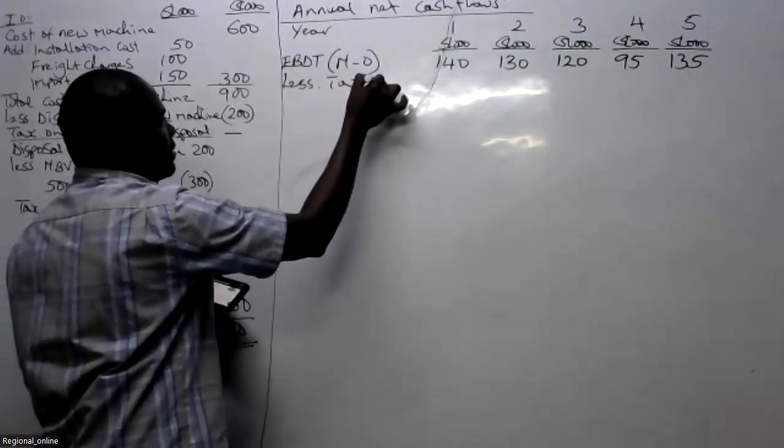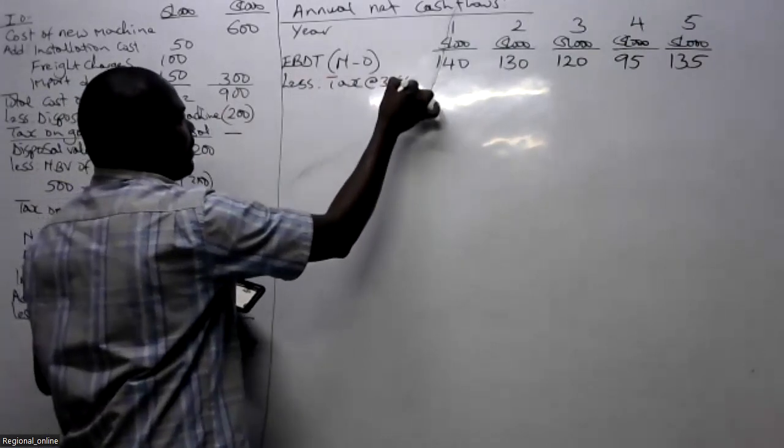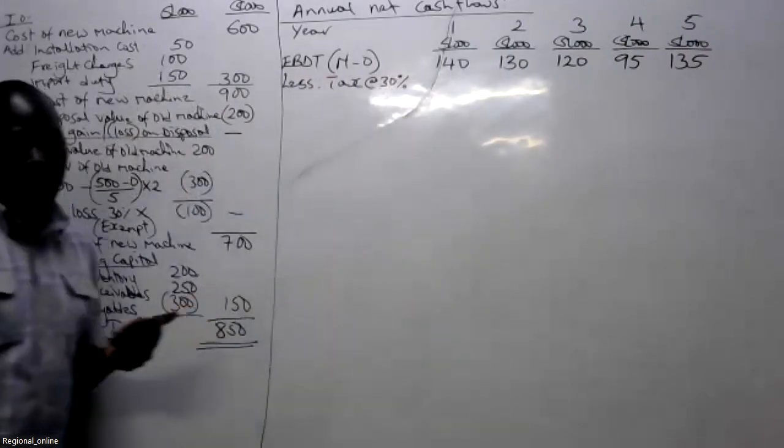Then we less, do you remember tax? 30% of 140.